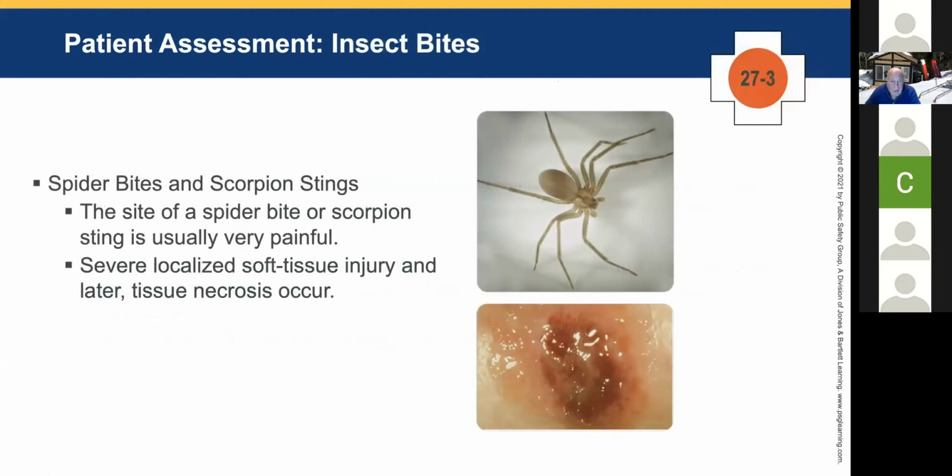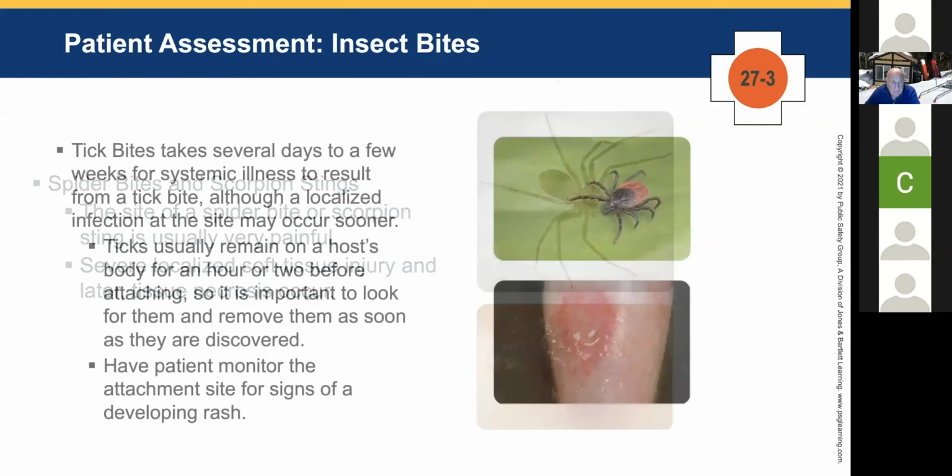All right, we're looking at insect bites, and you're seeing spider bites, scorpion stings. One thing with the spider bite, take a look at the lower picture here on my screen. Severe localized soft tissue injury and later tissue necrosis occurs. Pretty bad.